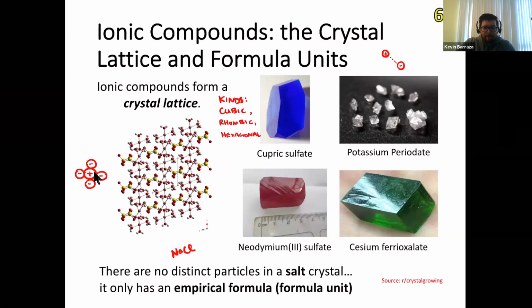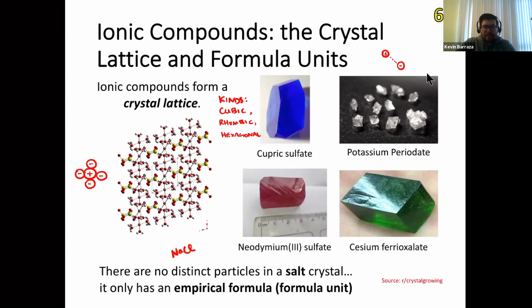There is no molecule because there is no partnership with one specific negative. This positive is partnered on all sides with all of these negatives. So it becomes confusing to think of a sodium chloride particle. Instead, we think of the lowest ratio among all of this crystal, which is a 1-to-1.